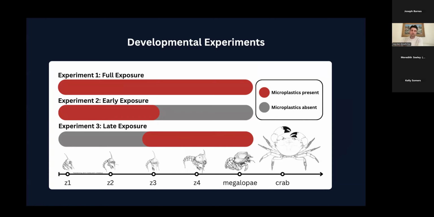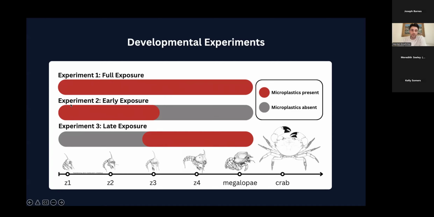And so during these developmental experiments, we ran 3 different experiments, modulating microplastic exposure across the 3 experiments. And so the first one was a full exposure experiment. Basically, this just means you had microplastics present in the water the entire time from Z1 all the way through megalopae.